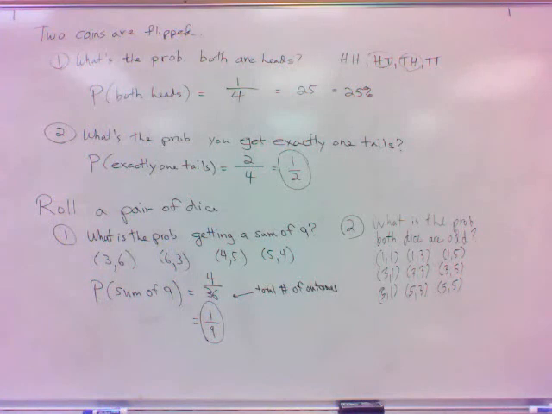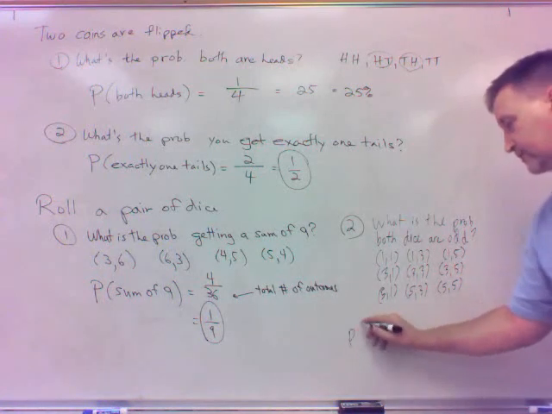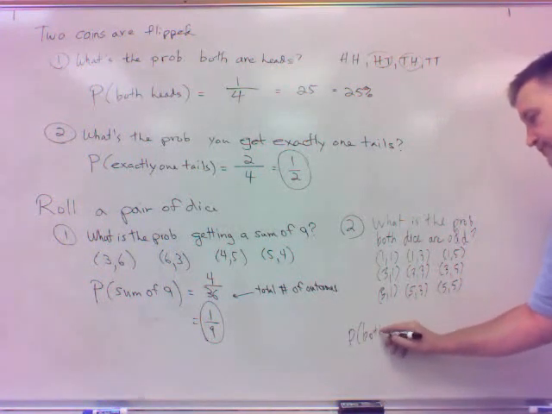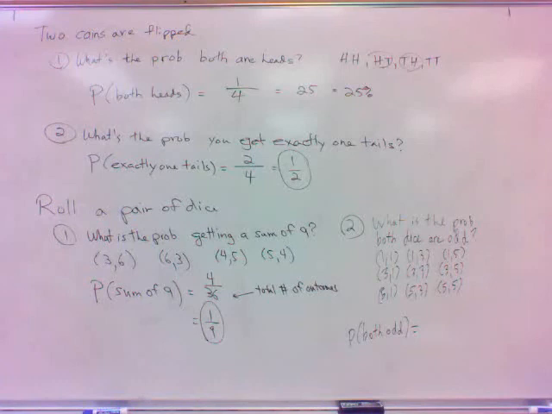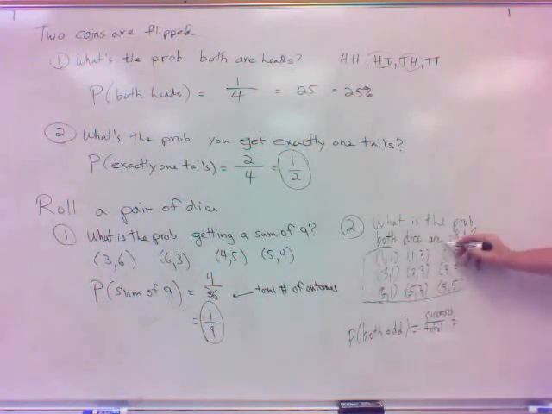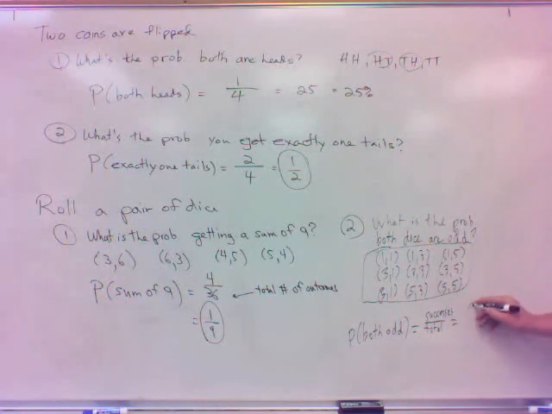So what's the probability both are odd? You tell me. Well, how many successes? So it's always successes over total. Here are the successes, right? 9 of those.